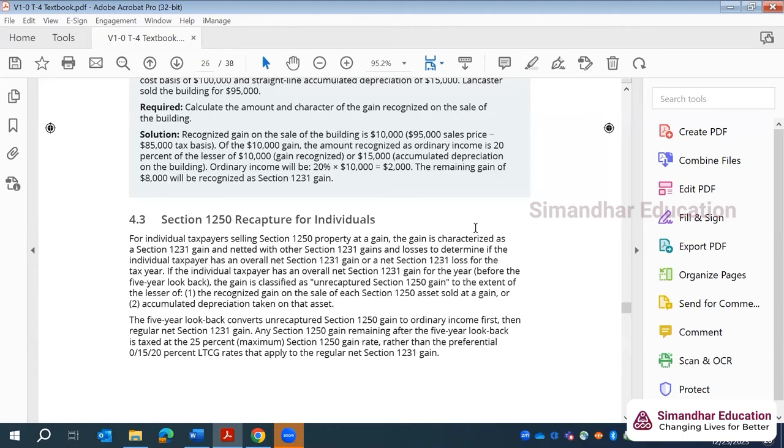But if you have an overall Section 1231 gain, then the next step is you characterize that gain as recapture Section 1250 gain to the extent of the recognized gain on the sale or accumulated depreciation taken on the asset.